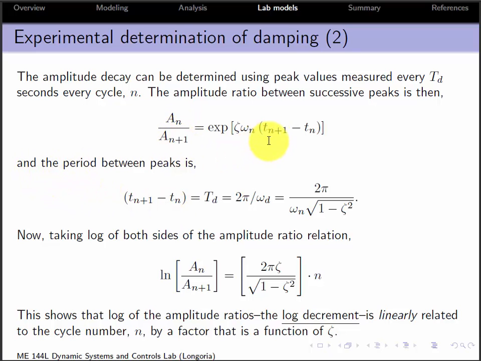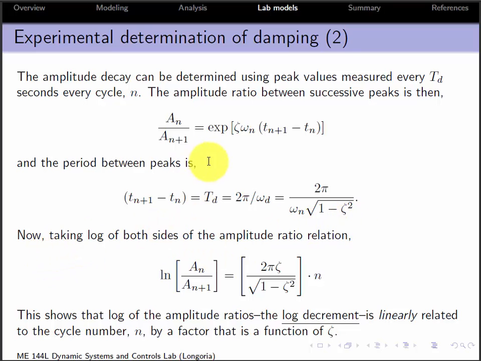So the period between those peaks, this difference here turns out to be the damped natural period, right? And remember, that's related to the damped natural frequency, which is this expression here, right? Omega n times the square root of 1 minus zeta squared. So see, it depends on zeta, right? That's a nice result.